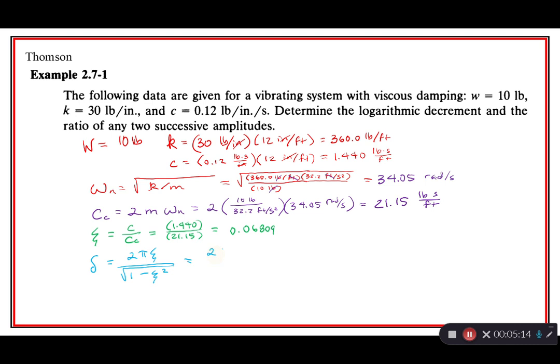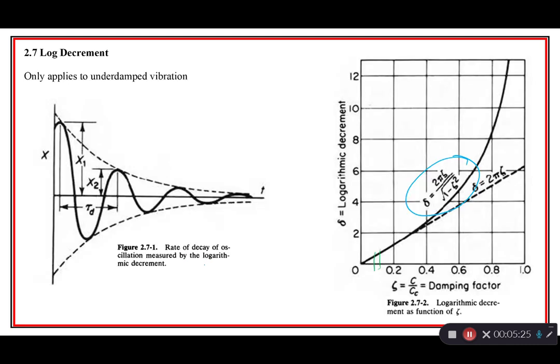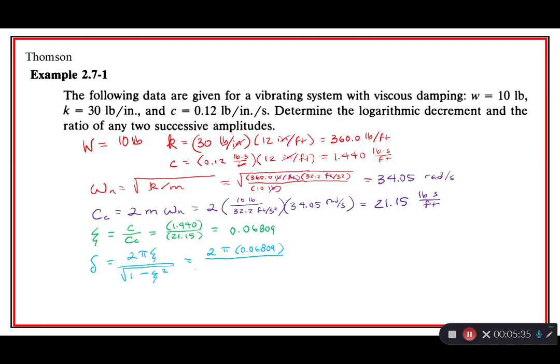So 2 pi times 0.06809. And that's going to be pretty close based on what we said right here, because this is sort of a linear thing where the numerator pretty much is in charge and the denominator is pretty close to 1. But we'll go ahead and do that.